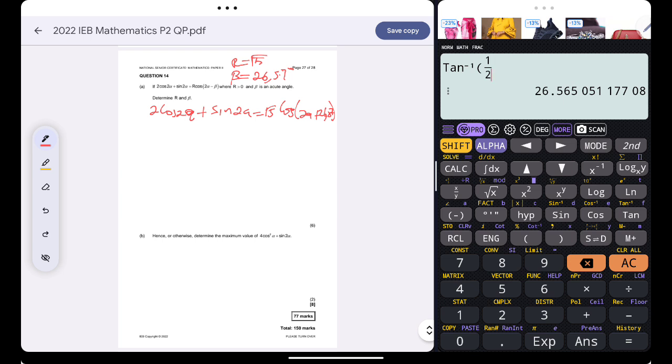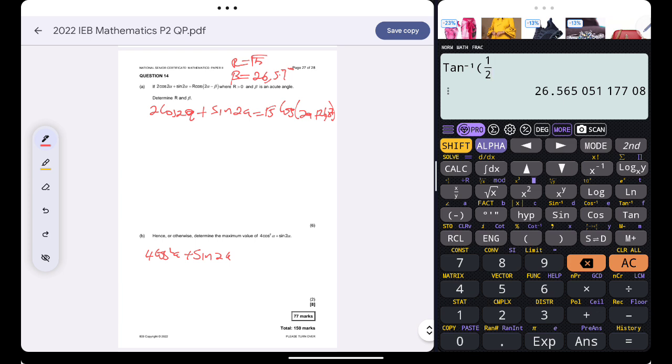Okay, I have 4 cos squared A plus sine 2A, right? They want me to find the maximum value here.